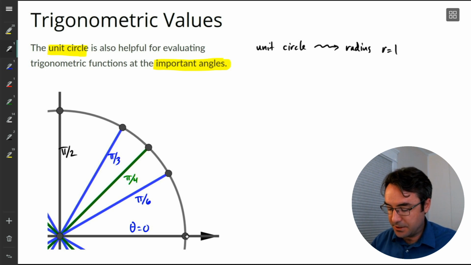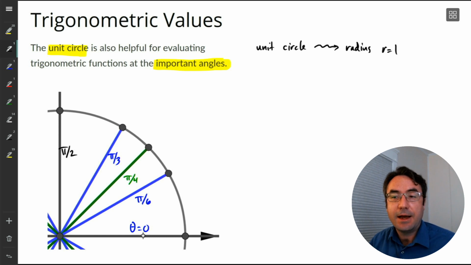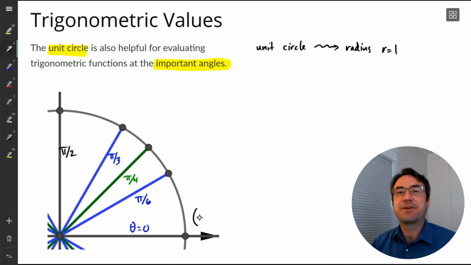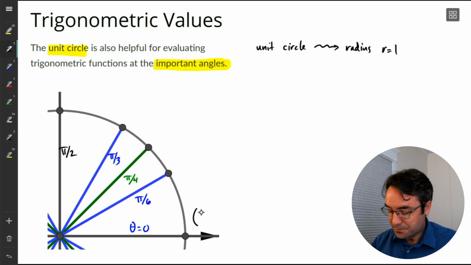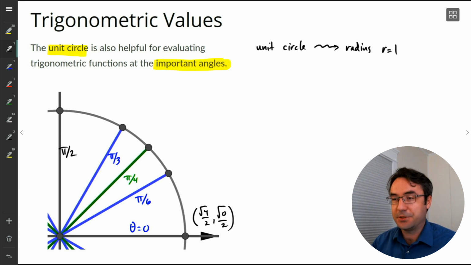All right, so let's look at this first point here that occurs on the unit circle on the ray theta equal to 0. So what would be the coordinates of this point? Well, we're going to write it in a very unsimplified way, and I think doing that helps with the other ones. So we're going to write this as square root 4 over 2, comma, square root 0 over 2.